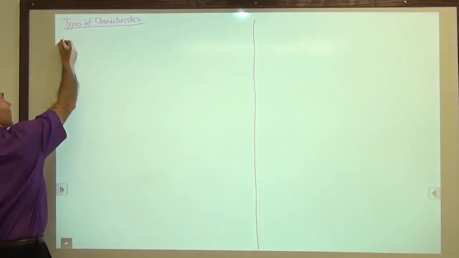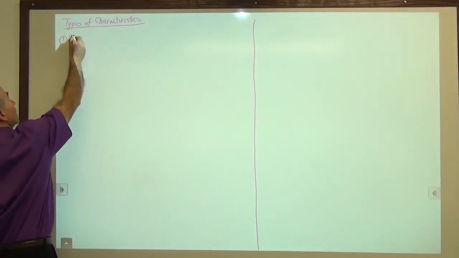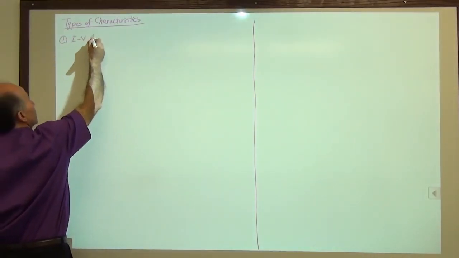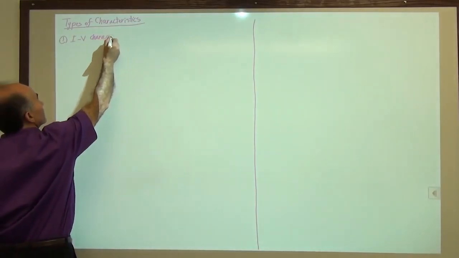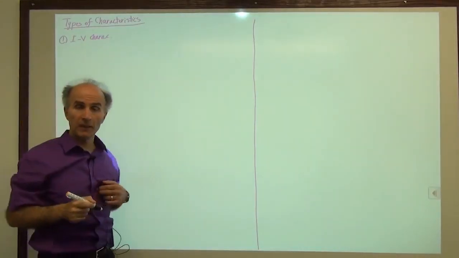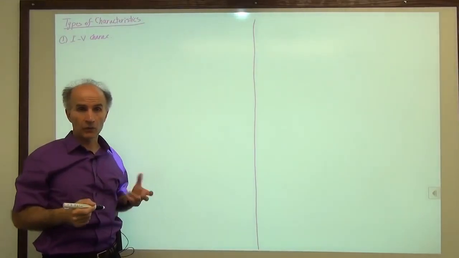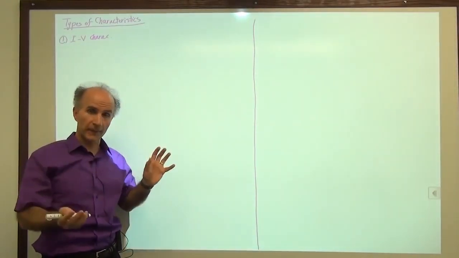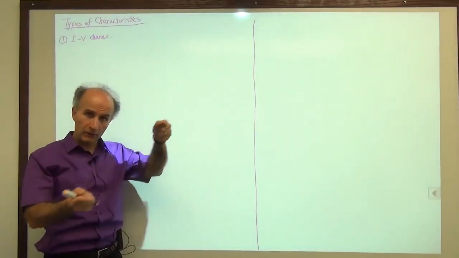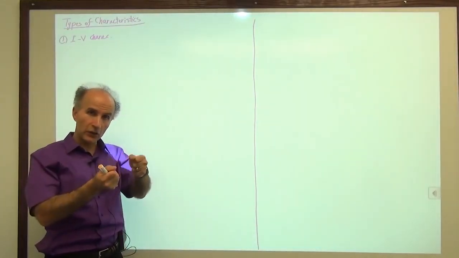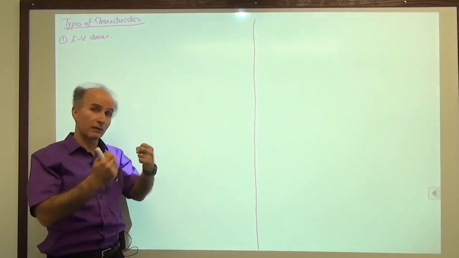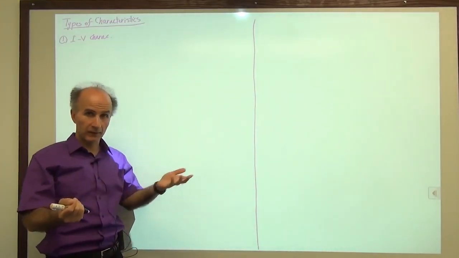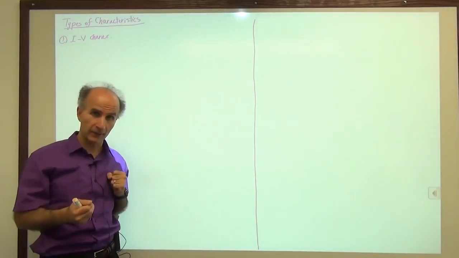So the first type is what we call IV characteristics. And all this means is that I have some sort of box, some sort of device, or a complex circuit or something. I apply a voltage, a variable voltage, and I measure the resulting current as a function of that voltage, and then I plot it, as we just did in that previous example.